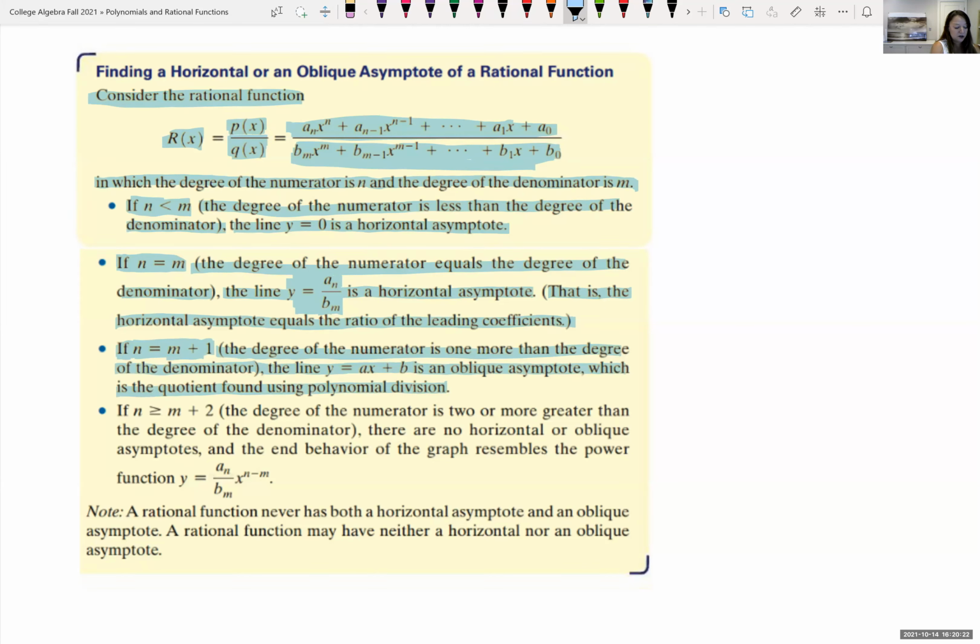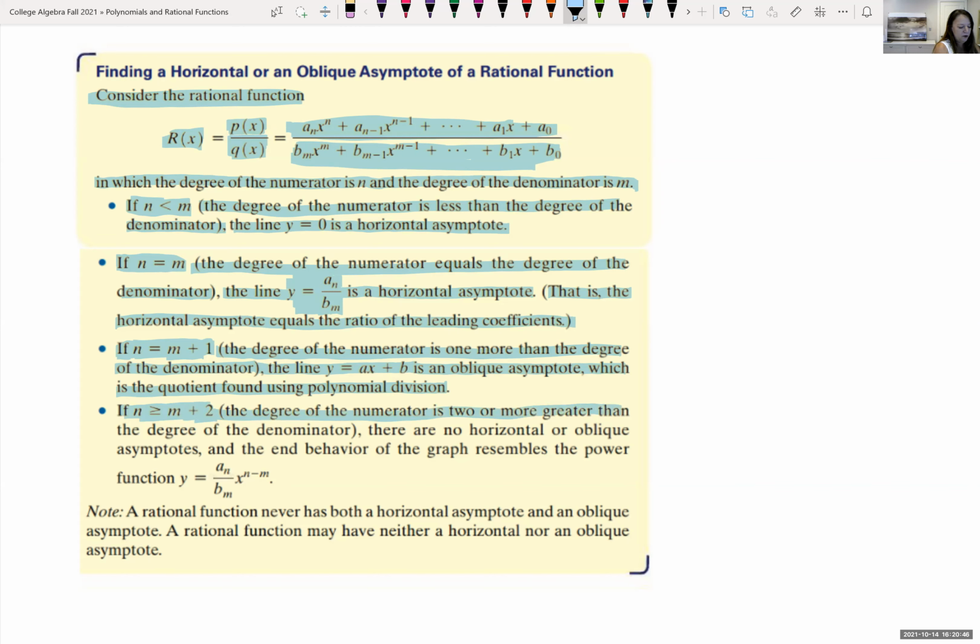So if the degree of the numerator is 1 more, then we're going to have to use long division of our polynomials to find out where that graph is hugging the line as x goes to positive and negative infinity.